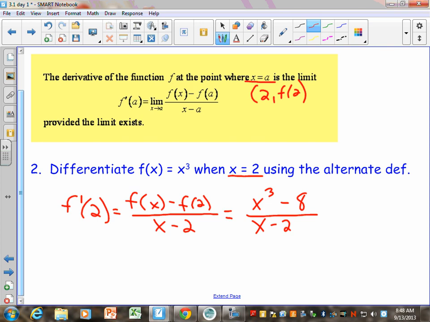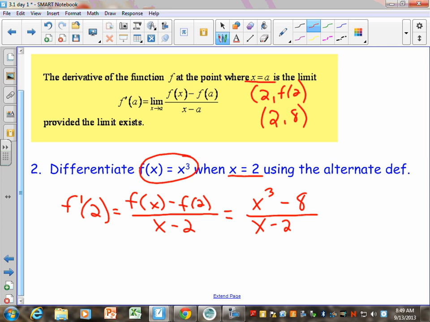When x is 2, whatever the y value is that goes with that, in this case it would be the point 2, 8. If x is 2, the ordered pair that goes with this specific function would be when x is 2, y is 8. Think about the slope equation: don't we subtract the y's on top and the x's on the bottom?